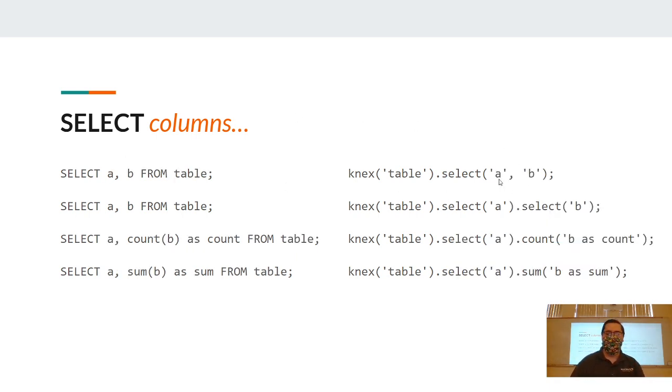Well, I could write it as A and B, but I could also write this as select, select. That works as well. So selecting A comma B is the same as select A, select B. So I can actually call select multiple times and continuously add more columns to the result set. You with me?